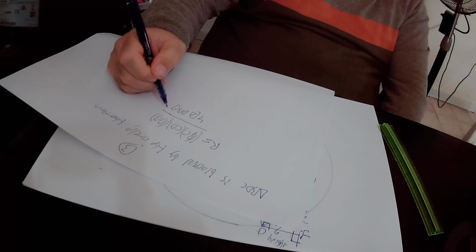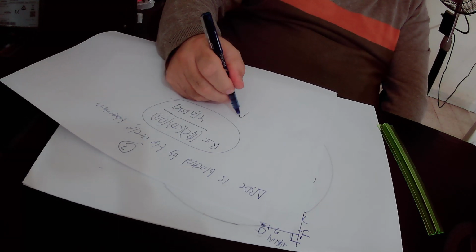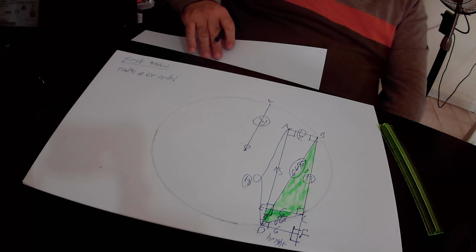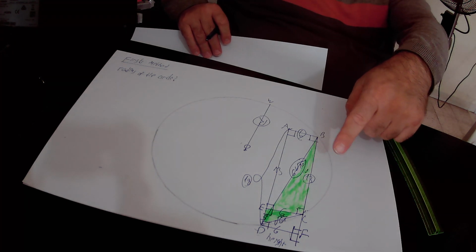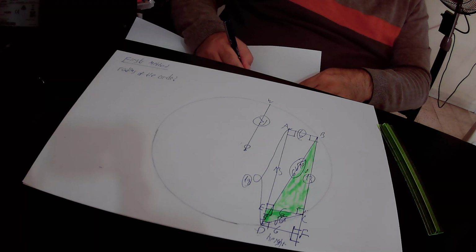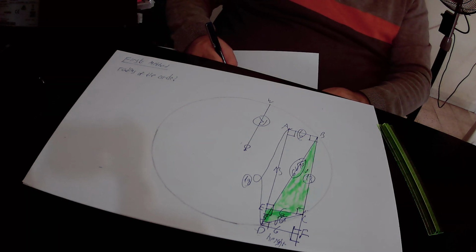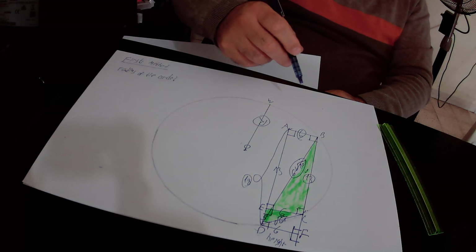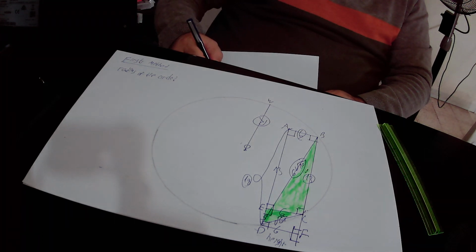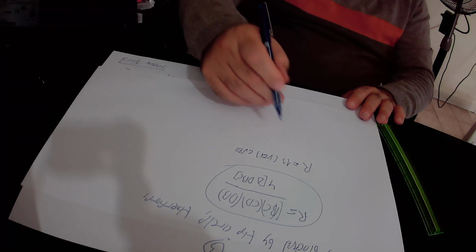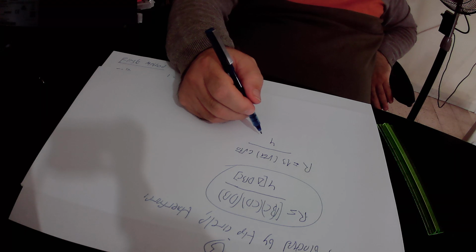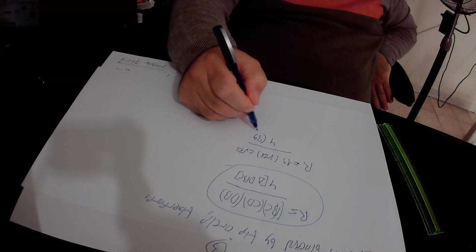Okay. So the radius of this circle that blocks the green triangle BDC will be equal to BC, which is 14 units, CD, which is square root of 61 units, and here BD is 6 times square root of 10 units, over 4 times the area of the green triangle BDC, and we already found out that the area of the green triangle BDC is equal to 39 square units.